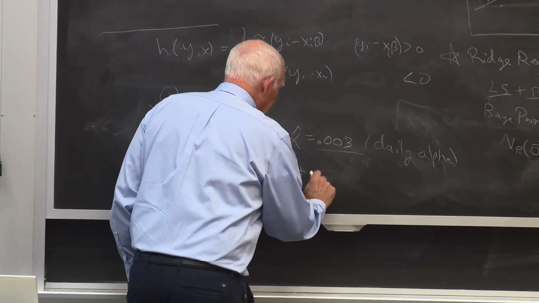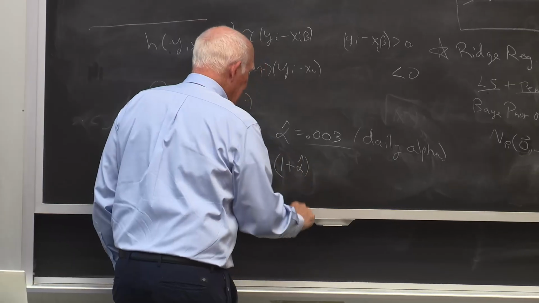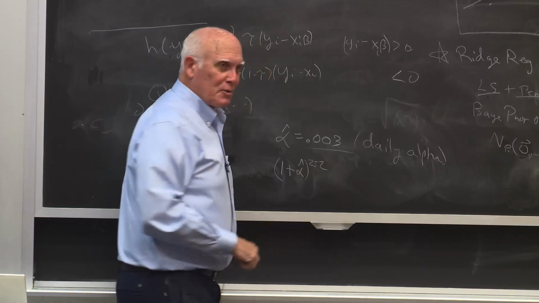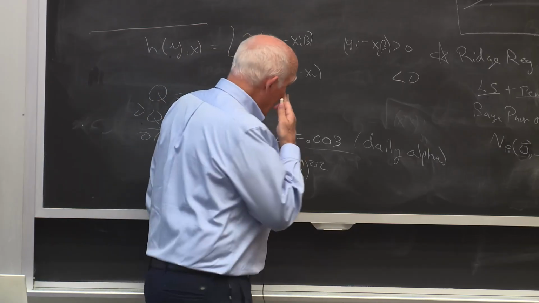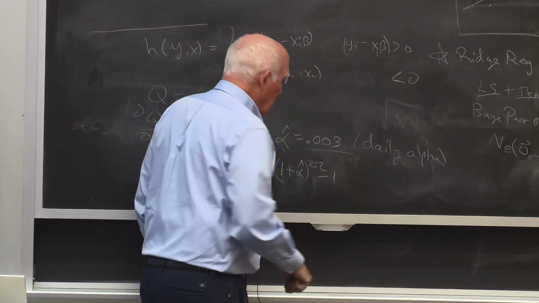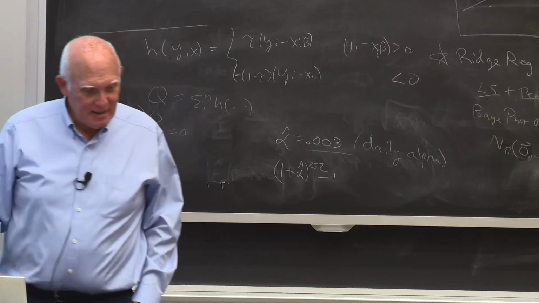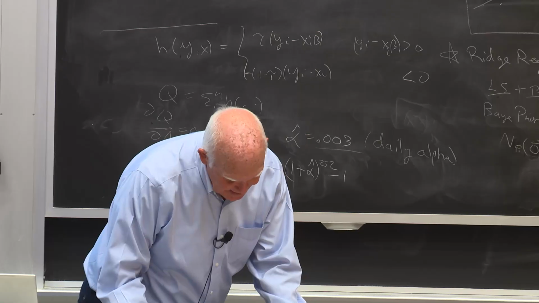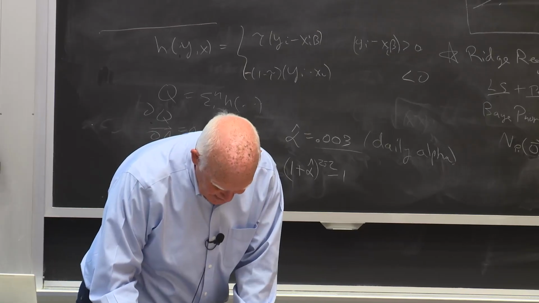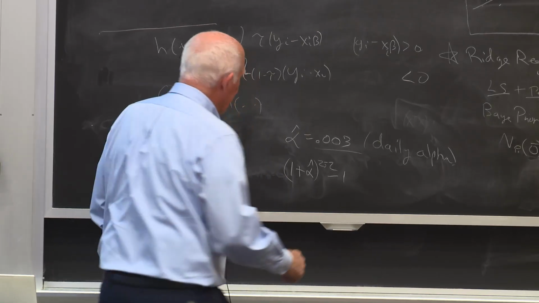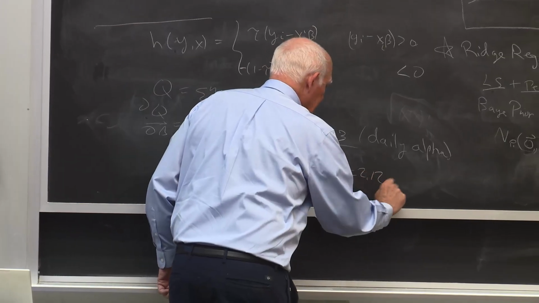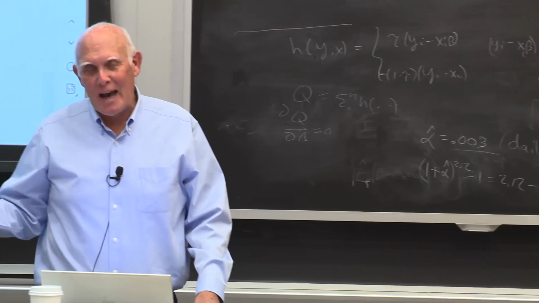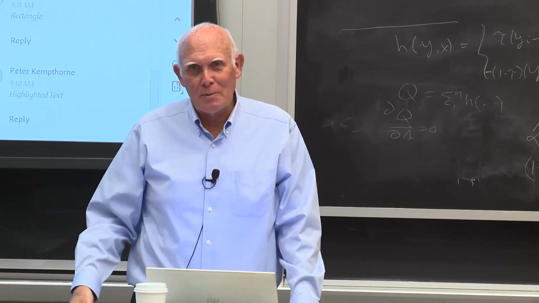So if we have 1 plus alpha hat to the number of days, there's roughly 252 days per year, and then subtract 1, we end up getting 2.12 minus 1, basically. So this is like 100%. This stock happened to just deliver a huge amount of returns.